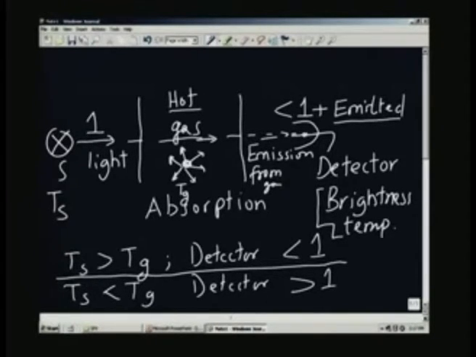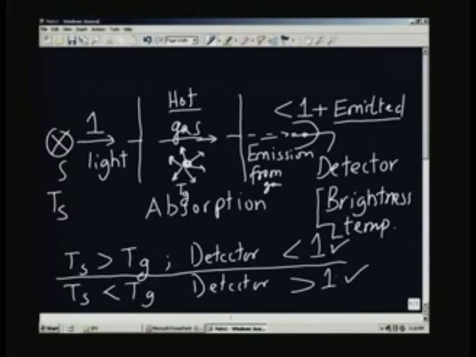So, if I look at the brightness of the target here, the target viewed through the hot gas, if it gives you a value of signal less than 1, it means that the source temperature must be greater than the gas temperature, and if it is greater than 1, the source temperature must be less than the gas temperature.